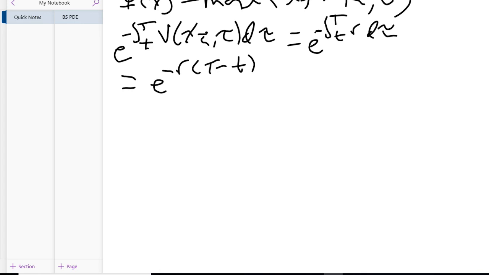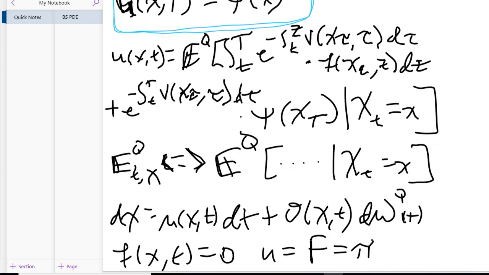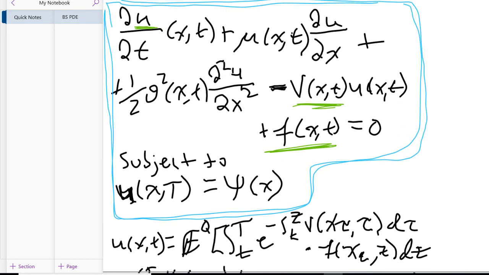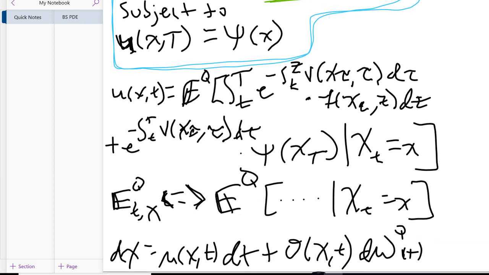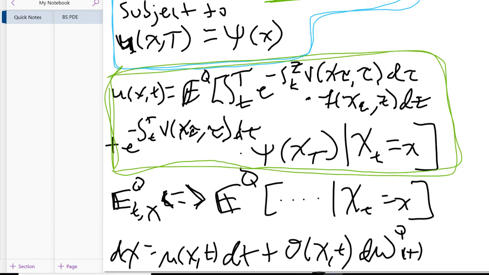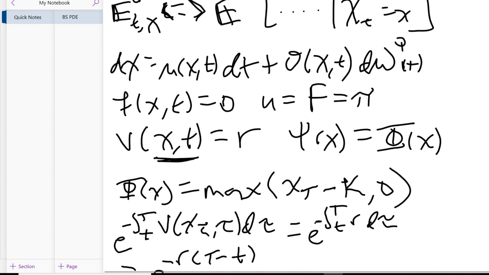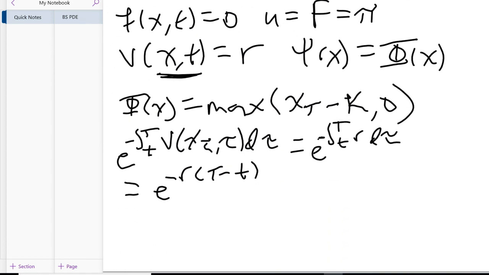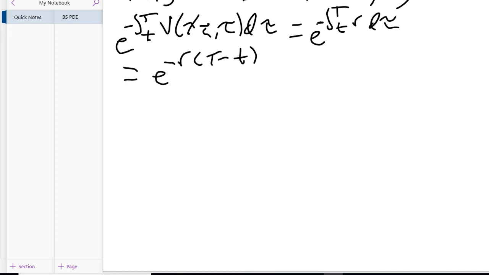But for our application, we thus can use the idea that such a parabolic PDE can be written in terms of a conditional expectation as thus.